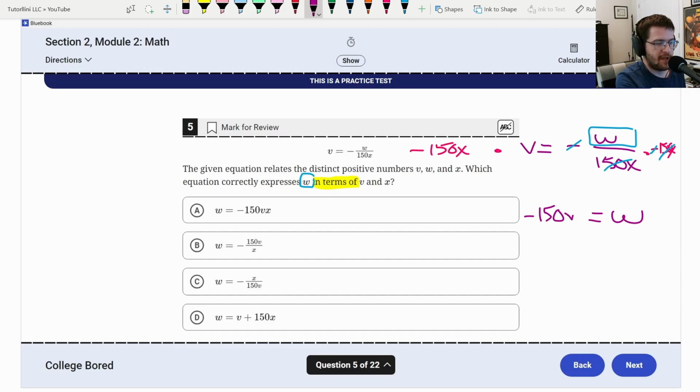So I'm actually going to write that as Vx. And that is looking a lot like answer choice A, which is our answer. Like I said, guys, you could have absolutely done that in 2 steps. You could have multiplied by 150x and then multiplied by the negative sign, but it's probably faster if you realize you can do it in 1 step.